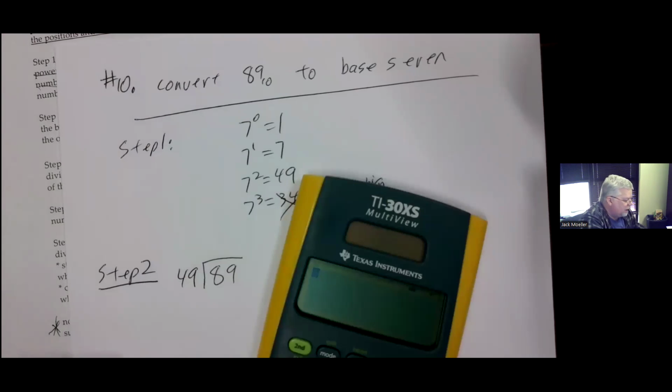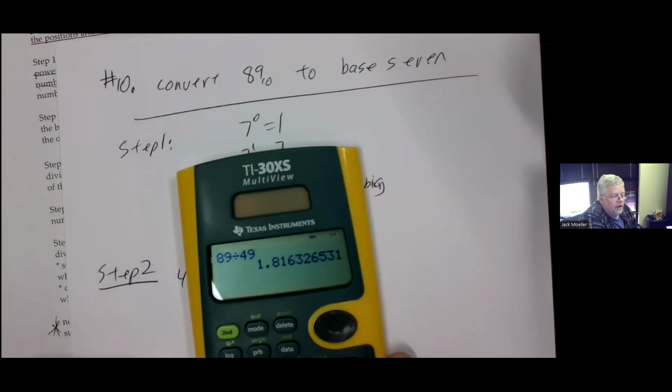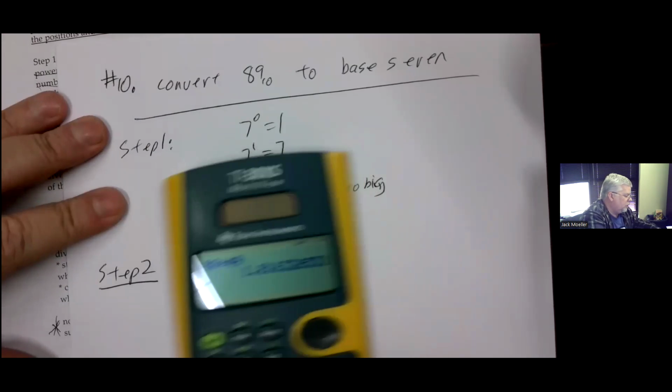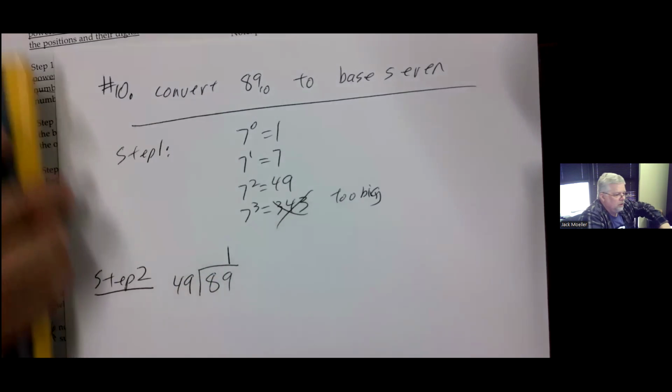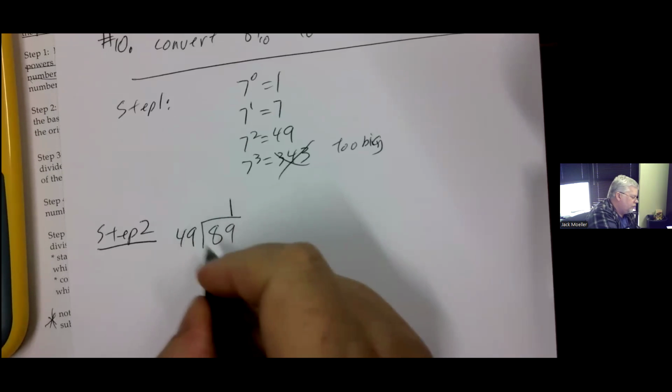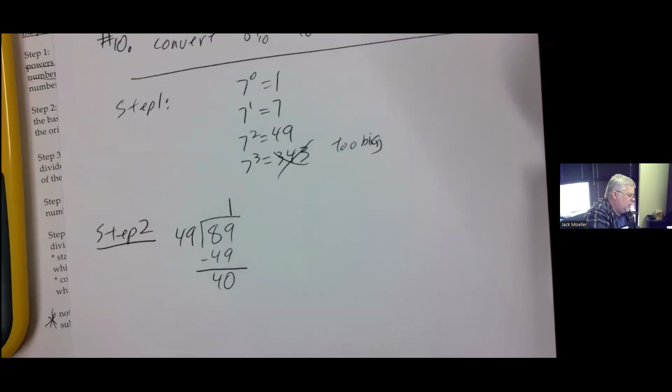I could do that in my head eventually, but again, this is where calculators come in handy. Okay, so 89 divided by 49 is 1 point something. Again, we don't want the decimal. So 49 goes into 89 once. So now just do the long division. 1 times 49 is 49. We get 40. And so that 40 is our remainder.